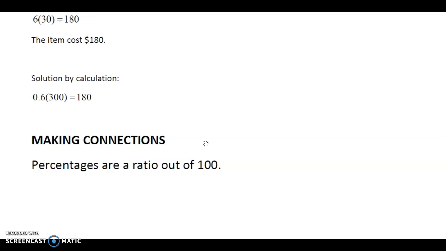So in general, for the entire unit, we're just using percentages, and we're using the fact that percentages are a ratio out of 100. You should be able to calculate a percent, in particular for a discount or sale price of an item.